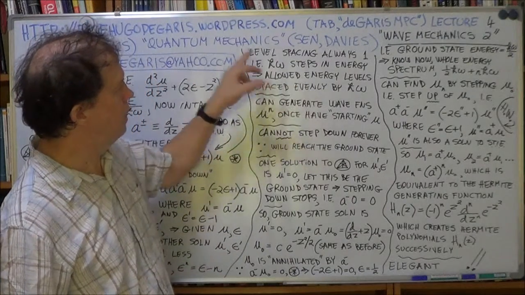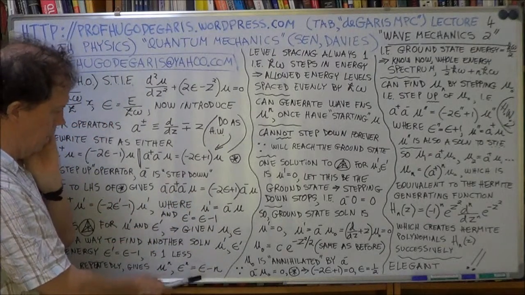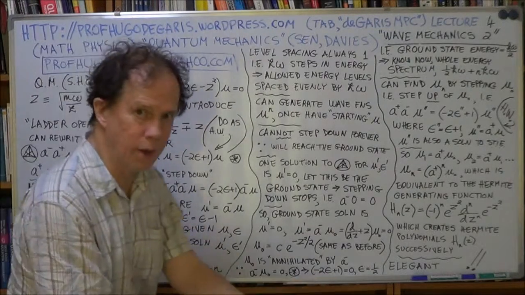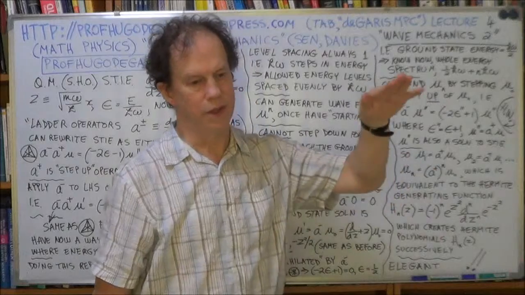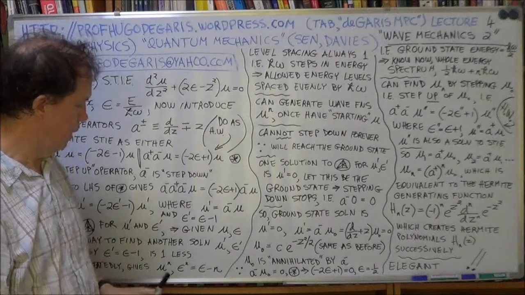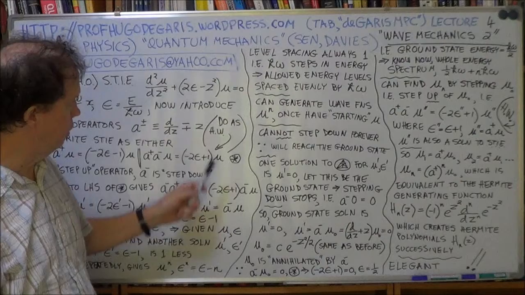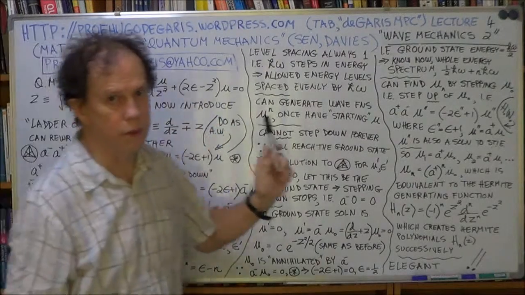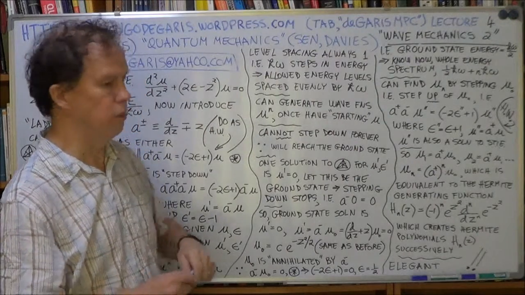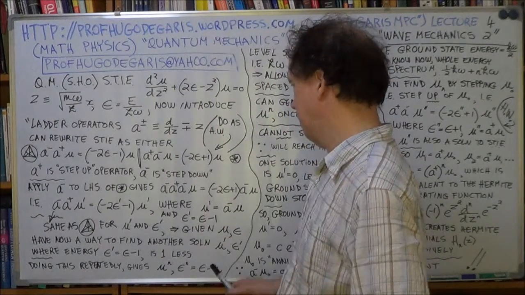Okay, so if we had to start somewhere, if you're going to step down, we're stepping down relative to some starting position. So we need some starting energy, and we need some initial eigenstate, some initial wave function u.